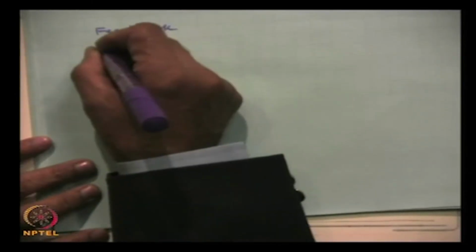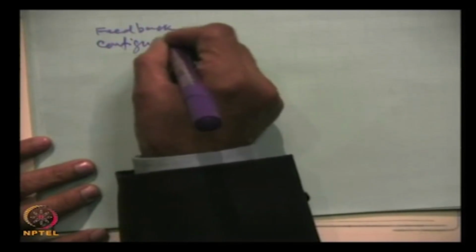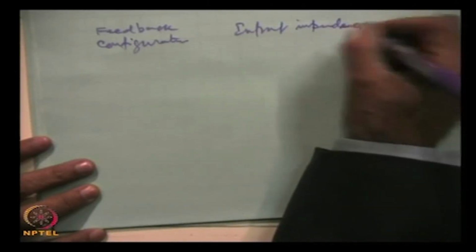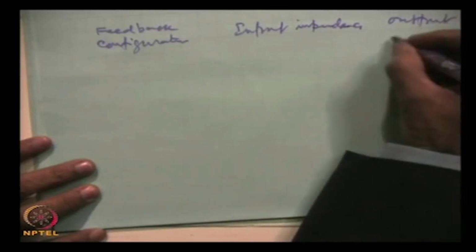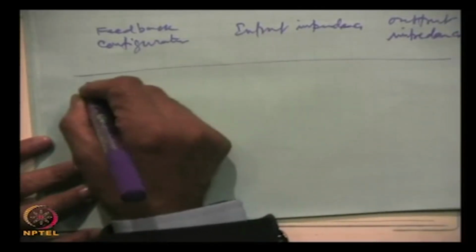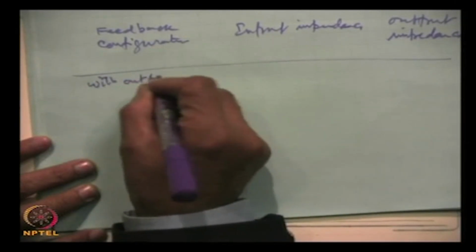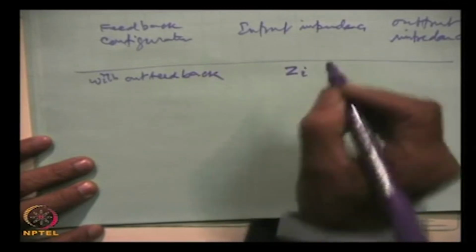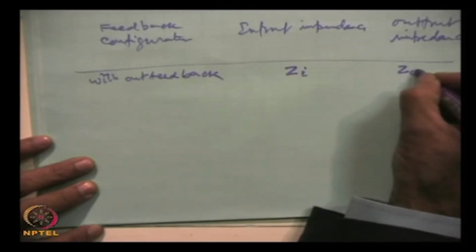Just to summarize in the table, for the feedback configuration, this is the input impedance and this is the output impedance. Without feedback, this is Z I, and output impedance is Z 0.